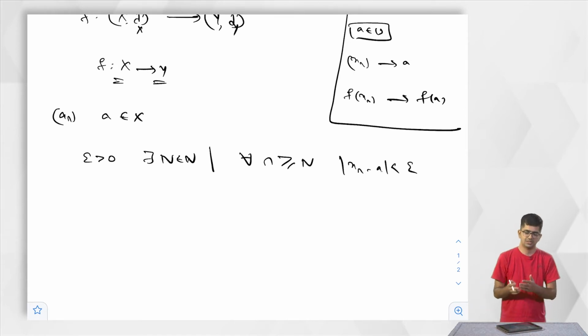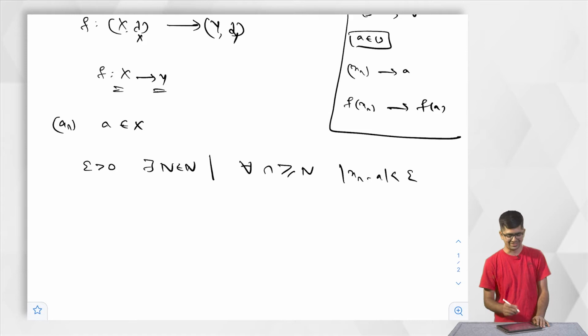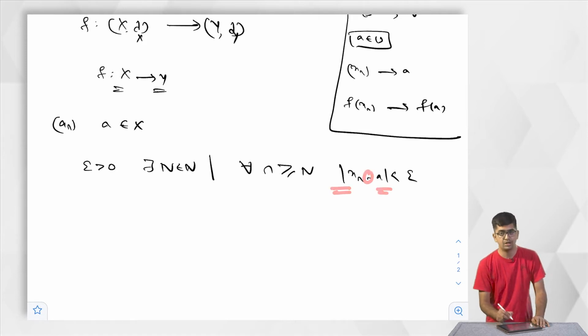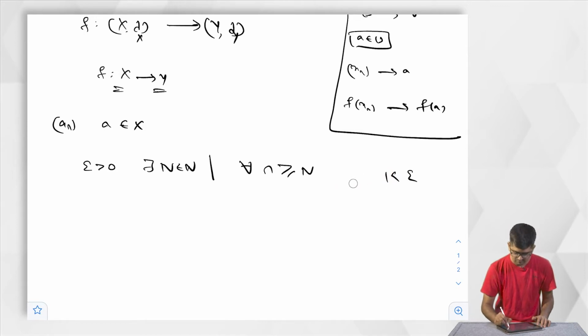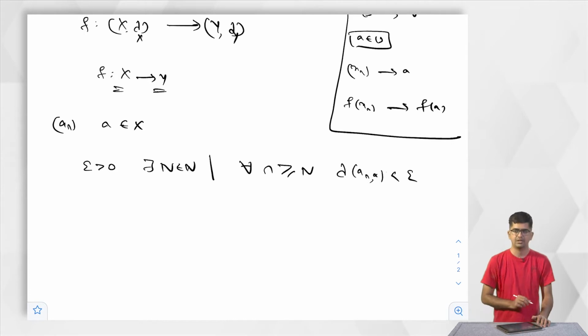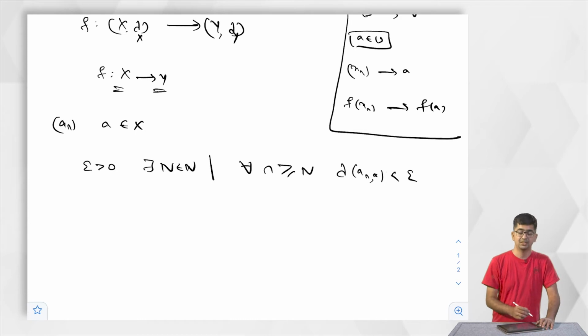I have mentioned in the last session that any metric should be seen as a generalization of this notion of taking minus and modulus. So in this case, we replace this quantity by d(a_n, a). This is the notion of convergence in a metric space.